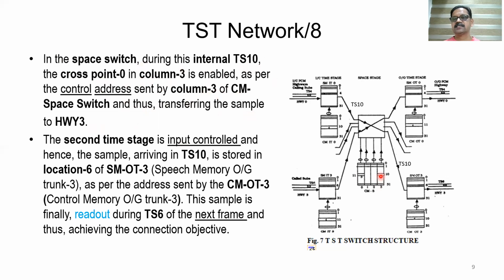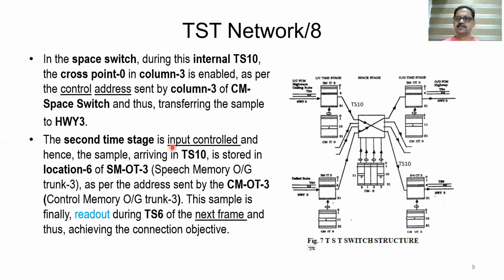So as per this direction, available in location 10, highway 3. So highway 0 is switched to highway 3. This is highway 0, this highway 1, highway 2, highway 3. Since it is a space stage, there is no change of time slot.